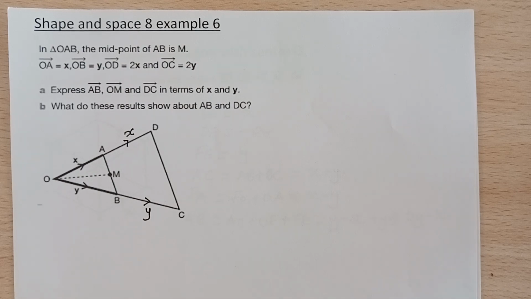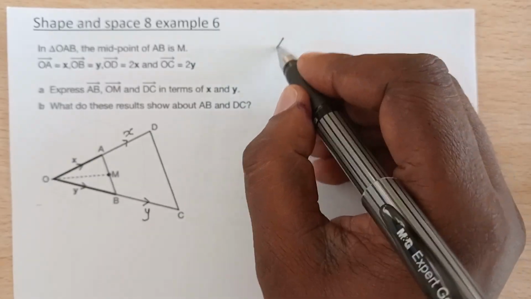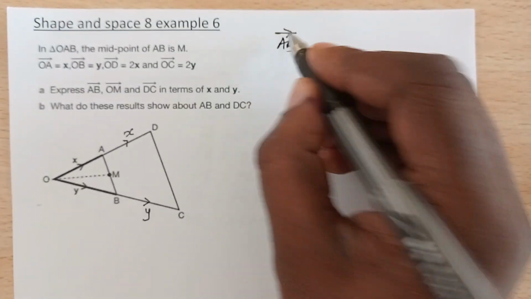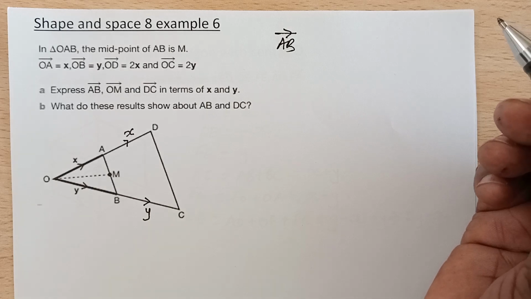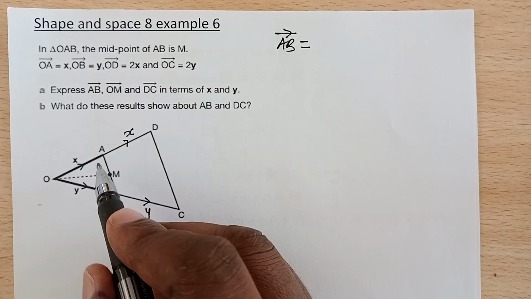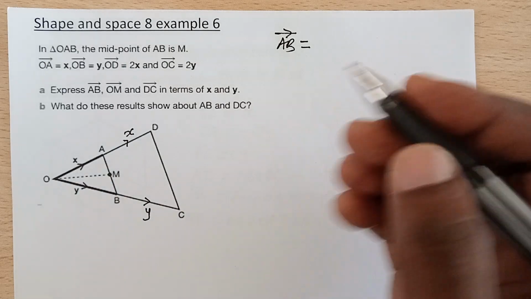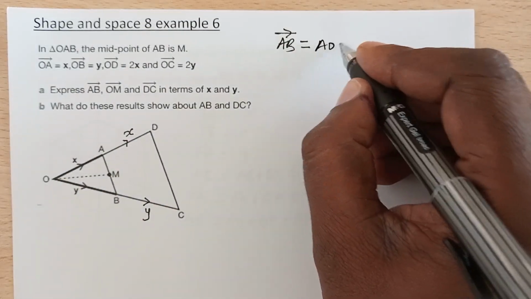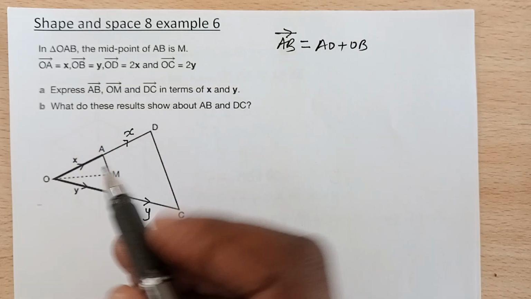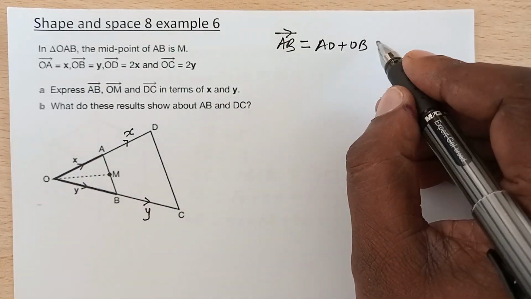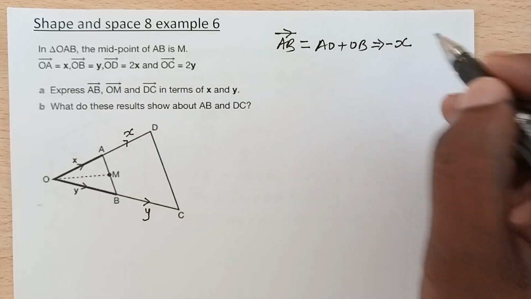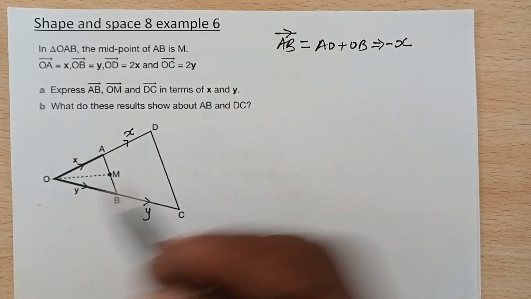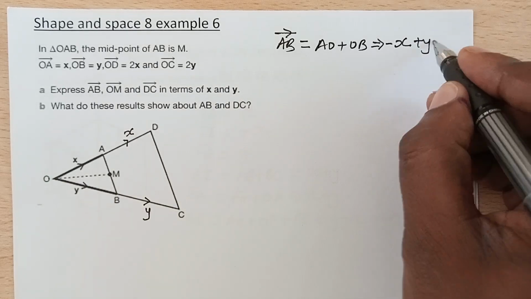Part A of the question, express AB, OM, DC. Let us have vector AB in terms of x and y. Vector AB is basically you walk from A to O. This is AO plus OB, and AO is simply negative x because of the opposite direction of x, plus y.